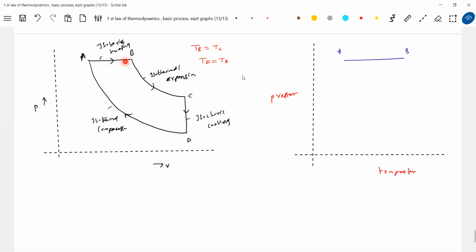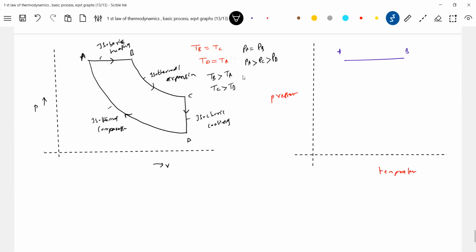In an isobaric process, pressure constant, as volume increases, should temperature increase or decrease? You must really answer this. So here I'm going to write TB greater than TA. Similarly, TC greater than TD. I think these are the most important things. And for the pressures, PA equal to PB, and PA greater than PC greater than PD.